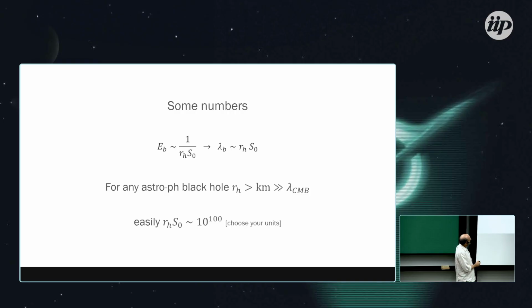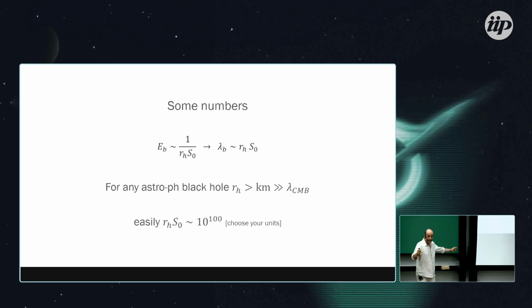Because I told you that the energy scale at which these quantum effects are important is this very small energy scale, which means that the wavelength of quanta that are going to probe this regime is going to be of this order. Now, if you take an astrophysical black hole, the radius of the horizon is of the order of kilometers or larger. So that's already a fairly large number. It's much longer than the wavelength of the CMB.